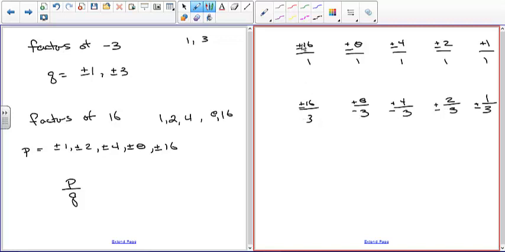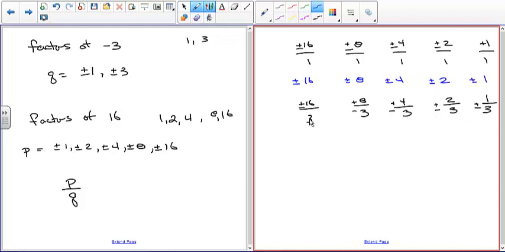So it can be plus or minus 16. One last thing I can do is simplify these. So this is plus or minus 16, plus or minus 8, plus or minus 4, plus or minus 2, plus or minus 1, and all of these you can't simplify.